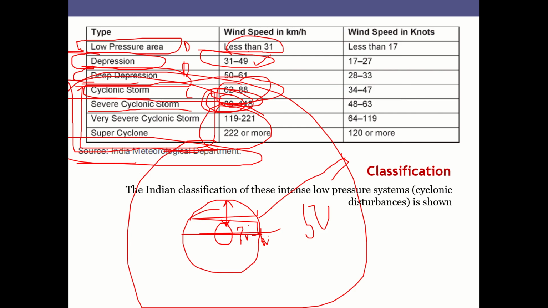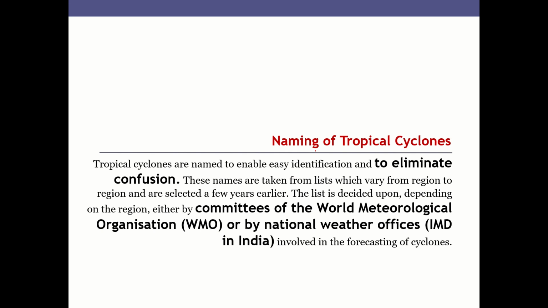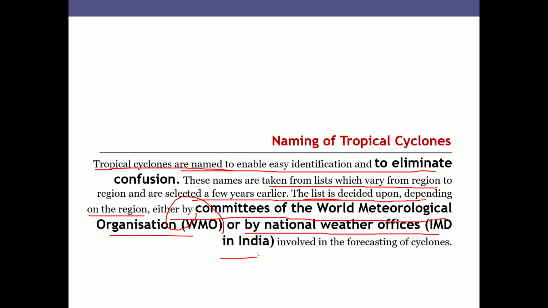Another interesting thing about cyclones is that tropical cyclones are named to enable easy identity and to eliminate confusion. These names are taken from lists which vary from region to region and are selected a few years earlier. The list is decided depending on the region, either by the committee of the World Meteorological Organization (WMO) or by National Weather Offices (IMD), for example India, which is involved in forecasting.